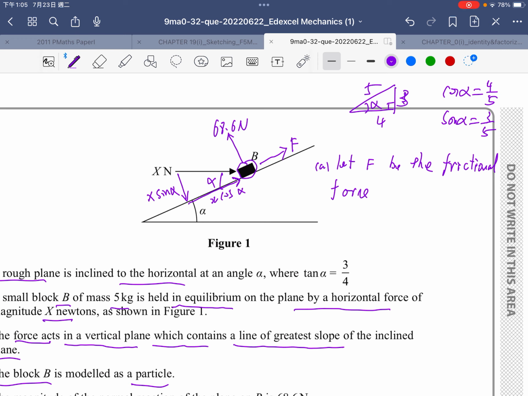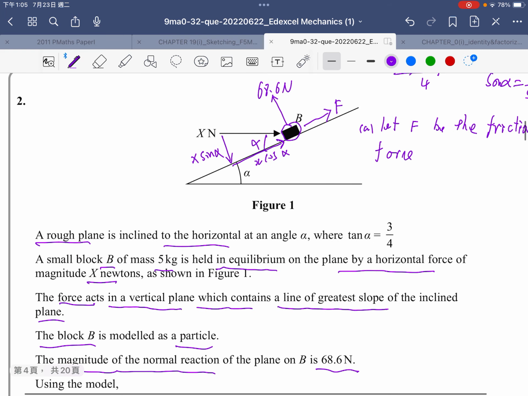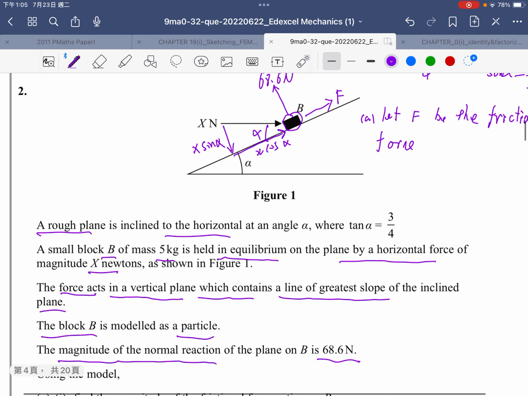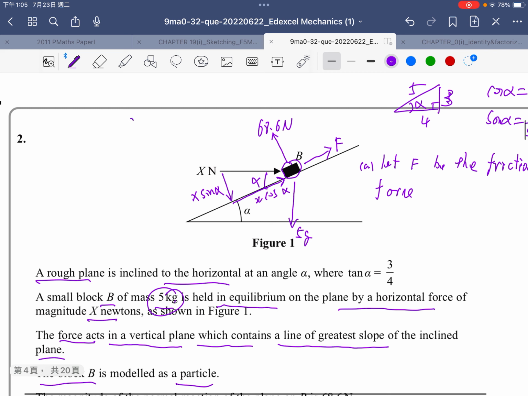And then we have one equation. The board is 5 kg, I almost forgot this one. The 5 kg acts in the downward direction. Here is 5g, where g is taking 9.8.